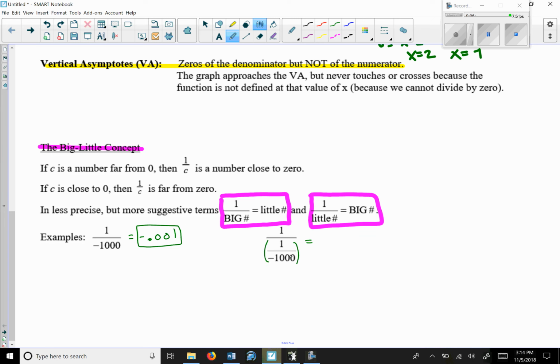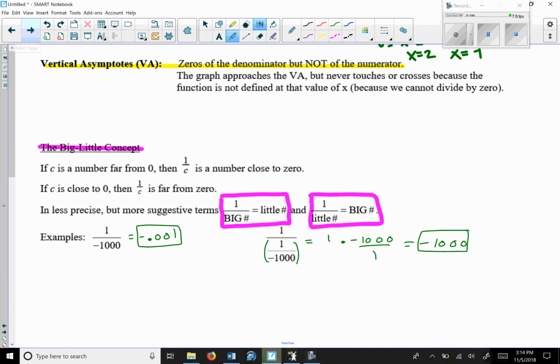So 1 over a very small number is a big number, because remember, when you divide by a fraction, you multiply by the reciprocal of what's in your denominator. So this would be negative 1,000 over 1 times 1, which is just equal to negative 1,000. And as you can see, 1 over a very small negative number is a very large negative number. So that's the big little concept.